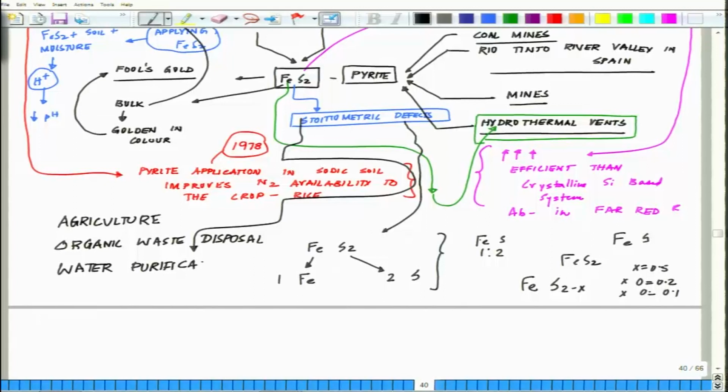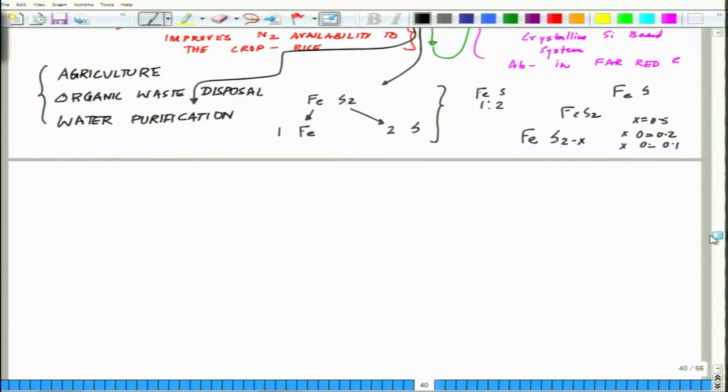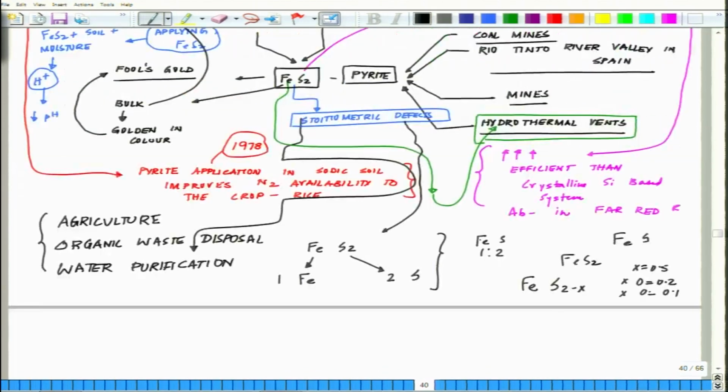This may come in pretty handy, especially when you have to remove organic residues. But at this stage, just understand the fundamental concept of stoichiometric defect, and that this defect could be exploited at the nano level with a lot more ease.